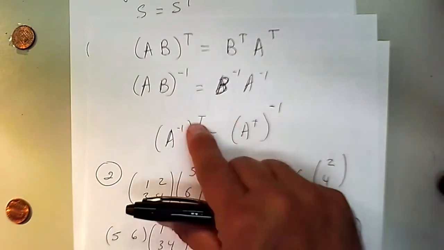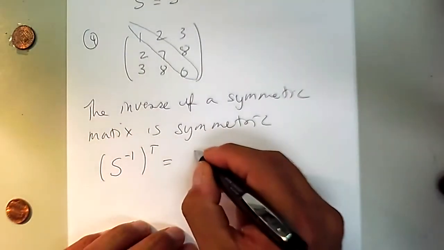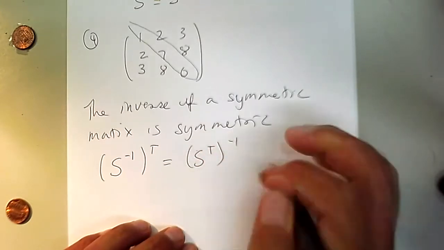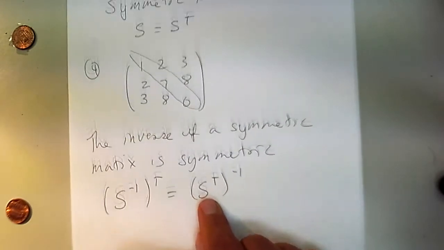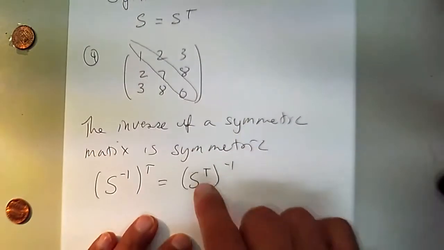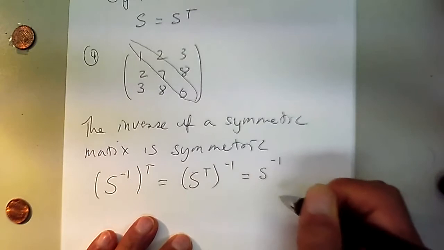That means that you can exchange those anytime we want to. So let's do that here. We will have S transpose inverse, but we're assuming S is symmetric. Consequently, S upper T is equal to S. So we can substitute and have just S to the -1.